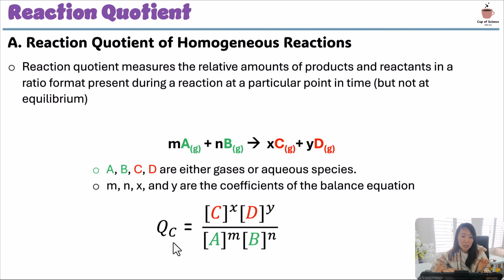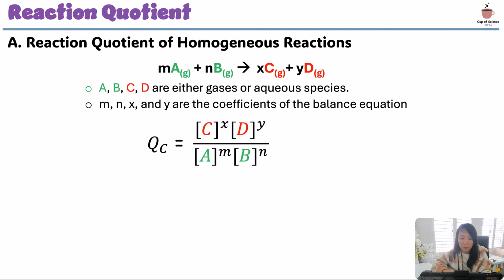So the Qc, or the reaction quotient, really is about any point in the reaction except at equilibrium. Let's dive a little further into this equation and put in values to get you to a value of a reaction quotient.